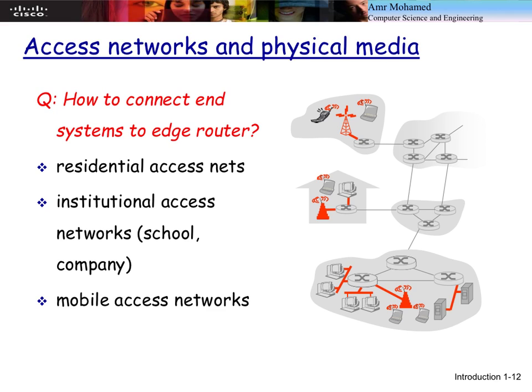One is the residential access networks, and we started talking about one example of these, and we'll continue talking about that today. Institutional access networks, where some institutions like here at Qatar University use some Ethernet LANs or wireless LANs to connect our end devices to the ISP, or in that case, Ooredoo core network, okay?